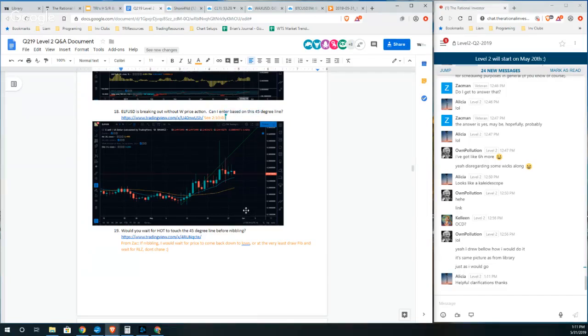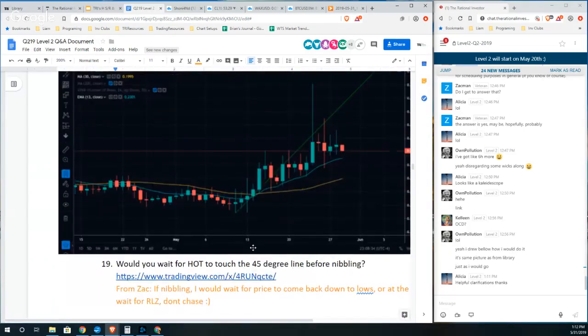I might argue that there is structure here, right? If we went down and then up, you notice that this spike down did not take out these lows. So there probably is a W somewhere down in here, right? Down, up, down, did not take out these lows.